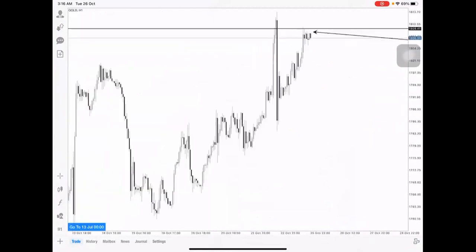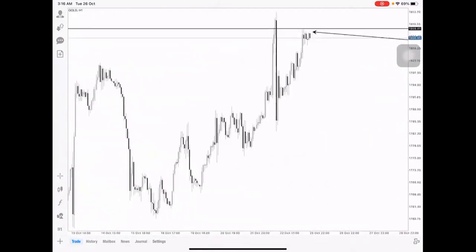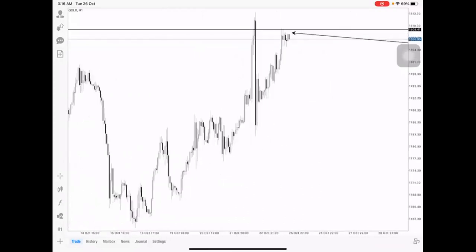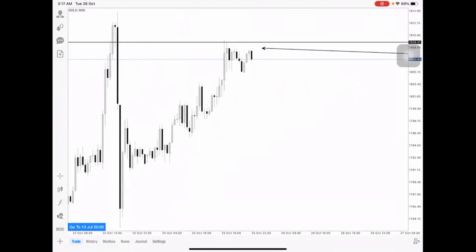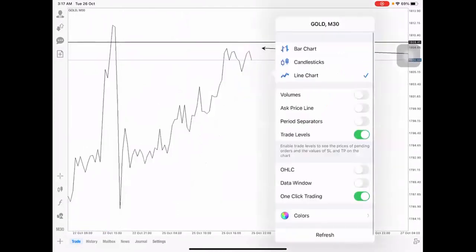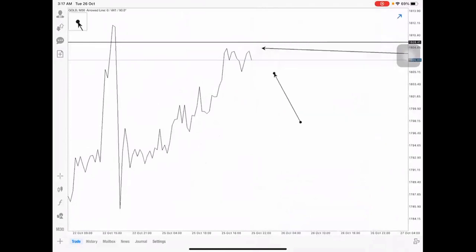H1 doesn't have a breakout, so that's why we use daily. This one doesn't pass. Or sideways, because of breakout momentum. Yes, momentum. That's why we don't trade gold at this time.